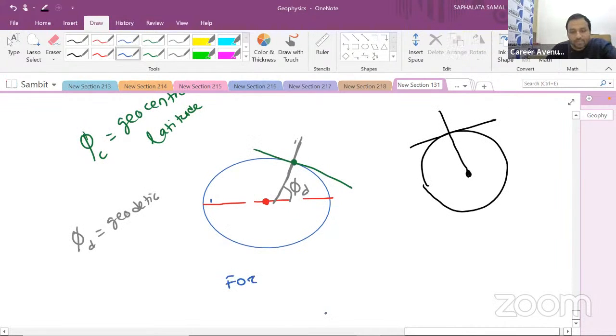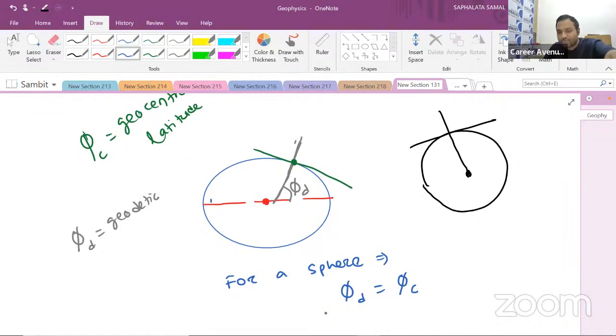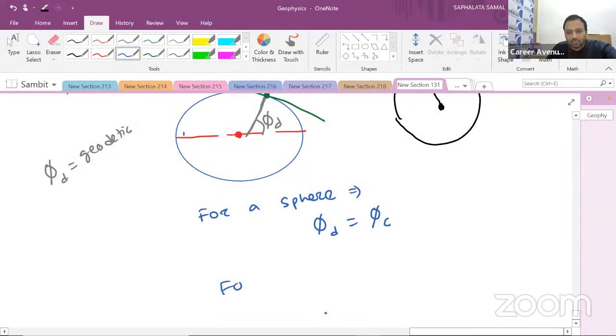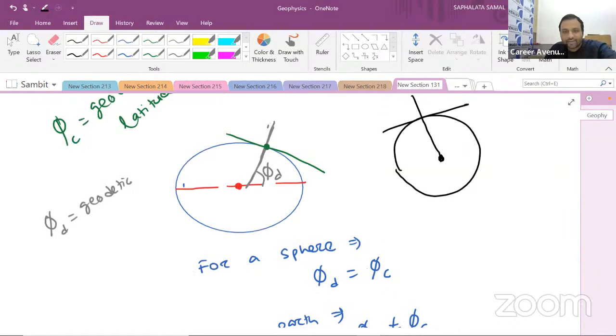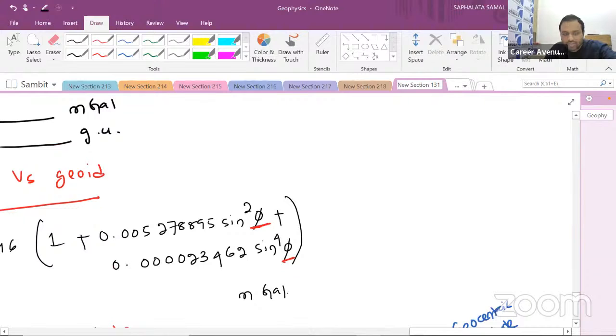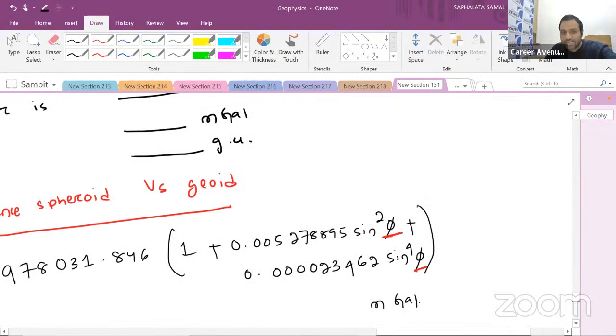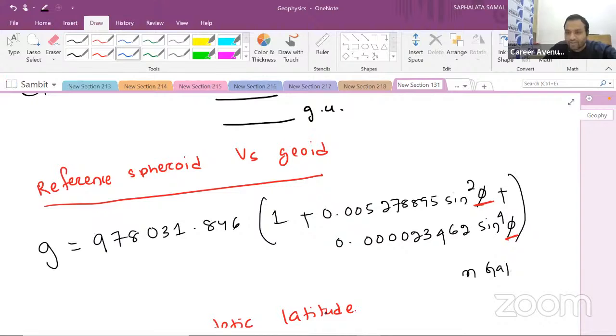So for a pure sphere, the geodetic latitude is equal to the geocentric latitude. But for the Earth, my geodetic latitude is not equal to the geocentric latitude. So in this reference ellipsoid or reference spheroid equation, which can give you the g value at any latitude if you put the latitude value over here, which latitude is it? Geodetic latitude, not the geocentric latitude.